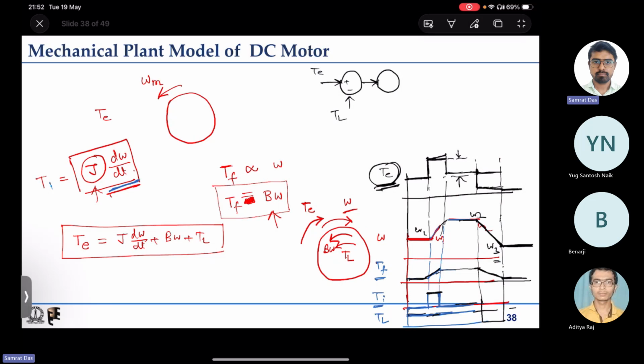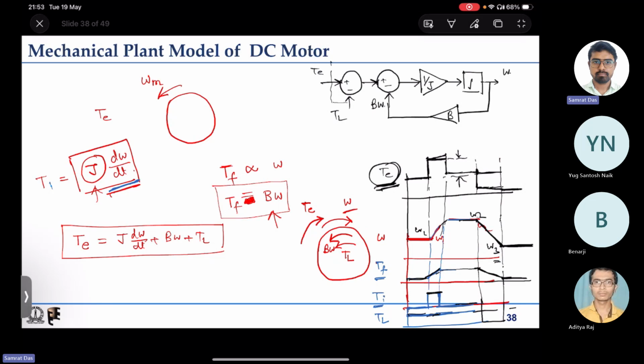We also have to subtract the frictional torque, that is B omega. Then we divide by J. Then we integrate to get omega, the speed, and this speed has to be fed back and multiplied by B, and that will form the mechanical plant model of the DC motor.